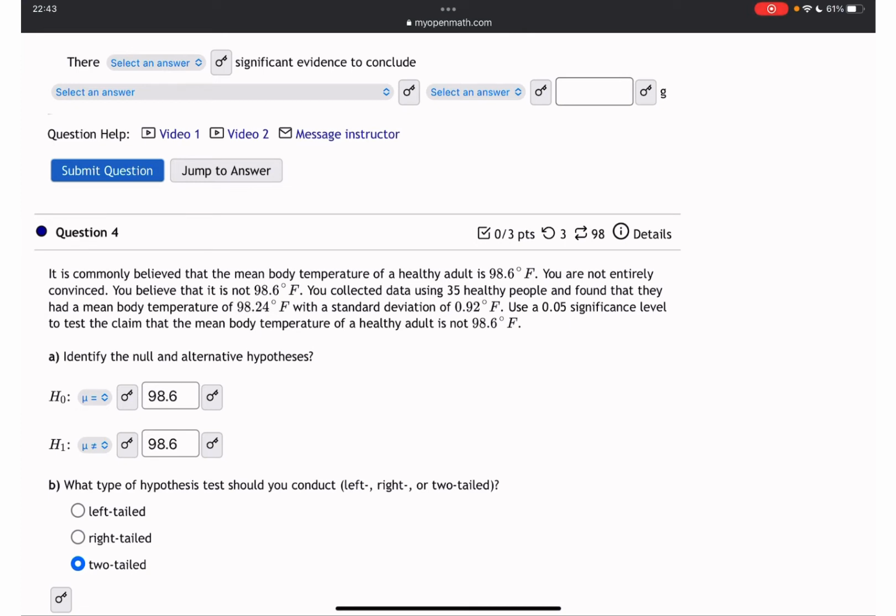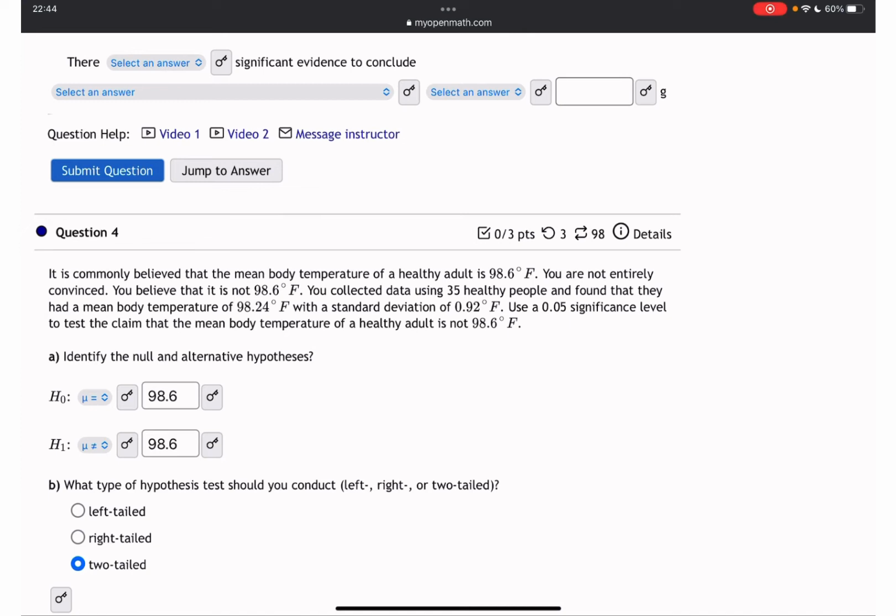You believe that it's not 98.6. You collected data using 35 healthy people. That's the sample size. N is equal 35. I'm writing here on piece of paper so I can enter. Once I have it, I will put it in the note also, so you will have it.